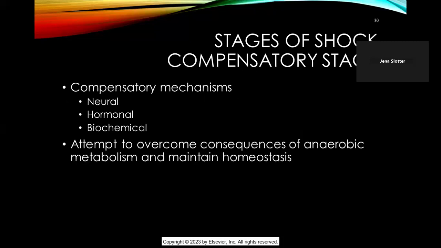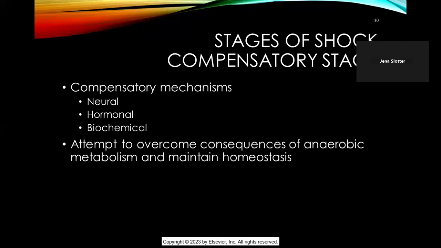The second stage is where we're looking at compensation, where the body's trying to deal with what's going on. There are a lot of different ways the body can do that. We're going to start seeing the body reflect the imbalances in oxygen supply and demand, and you can see that in neural, hormonal, and biochemical changes.